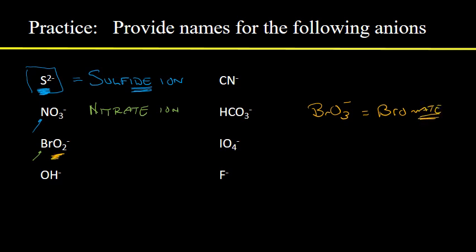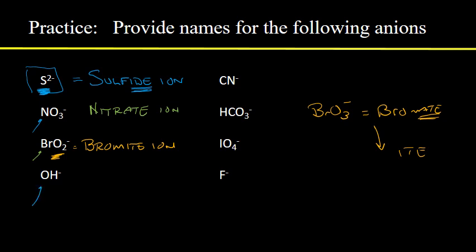And since BrO2- has 1 fewer oxygens, you just go down 1 step in that table. And when you go down 1 step in the table, you change the -ate to -ite. So that means this is a bromite ion.